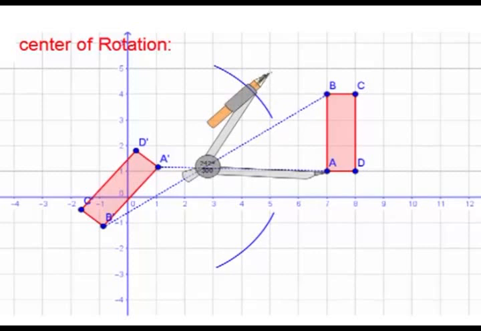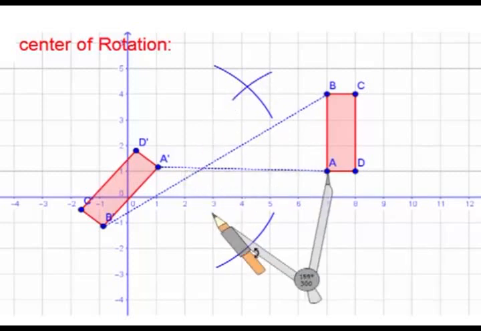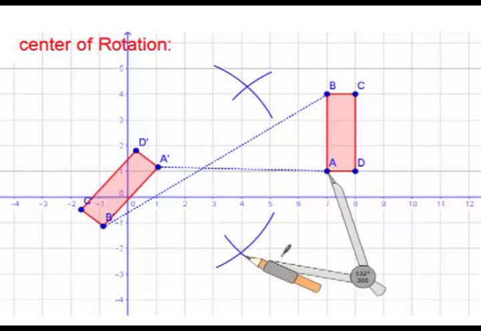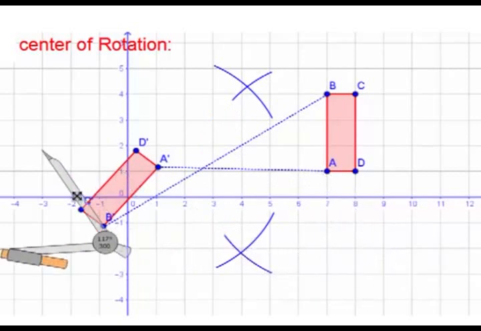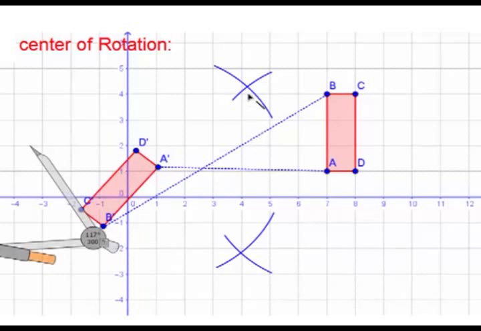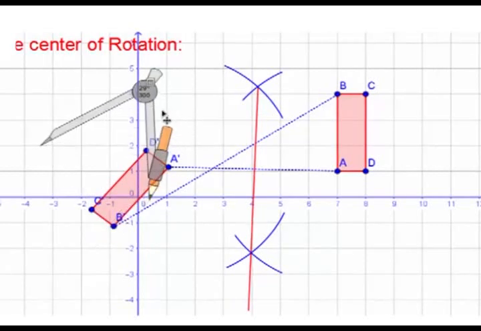An arc up here, and another one down here. Now we connect the intercepts. There. Now I know the center of rotation is somewhere on that line.